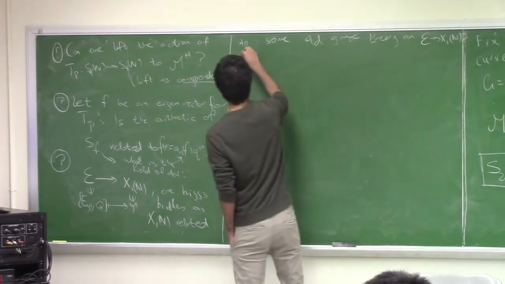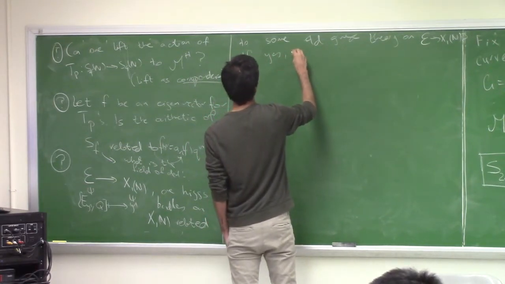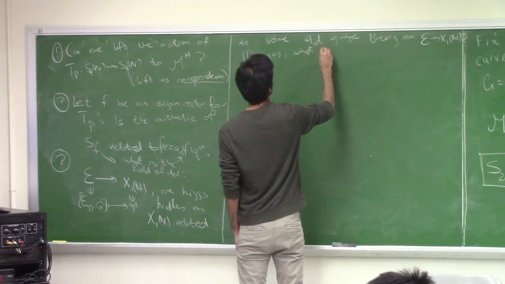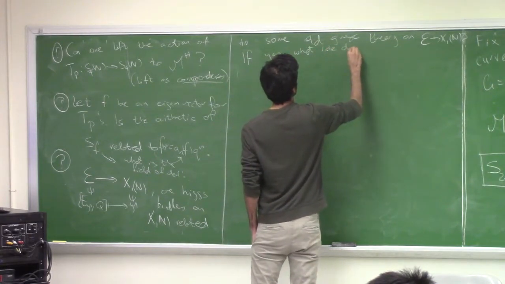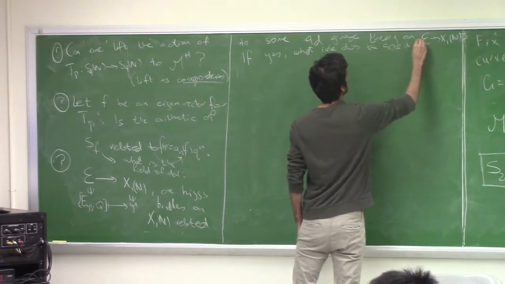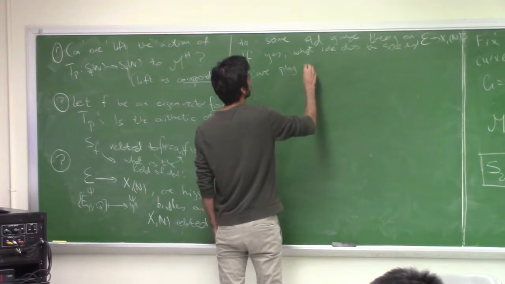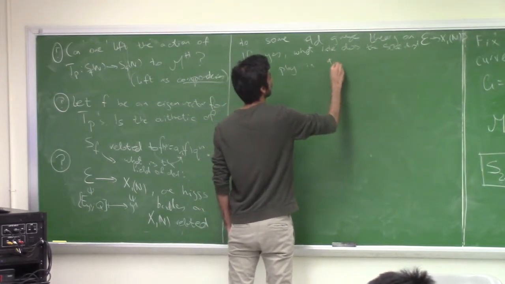And if yes, what role does the spectral curve play in the 4D theory?